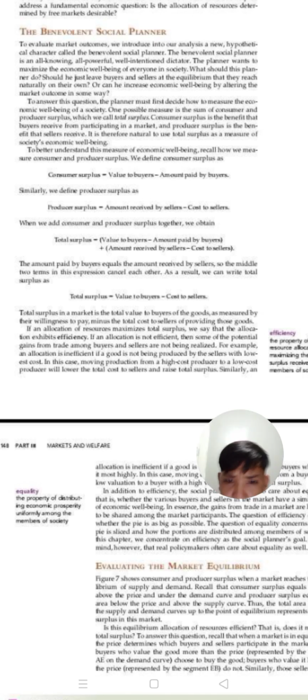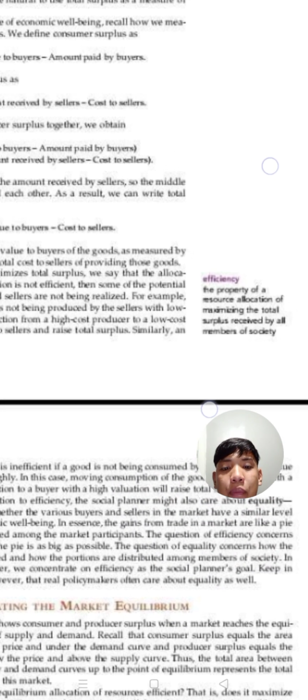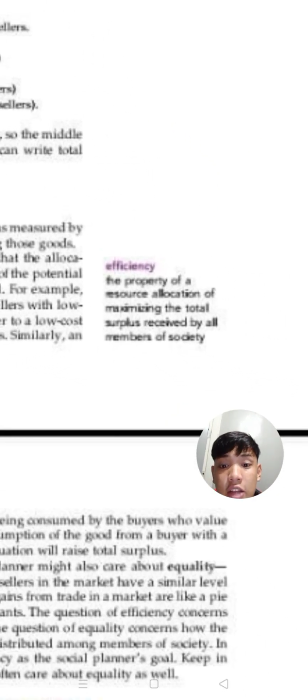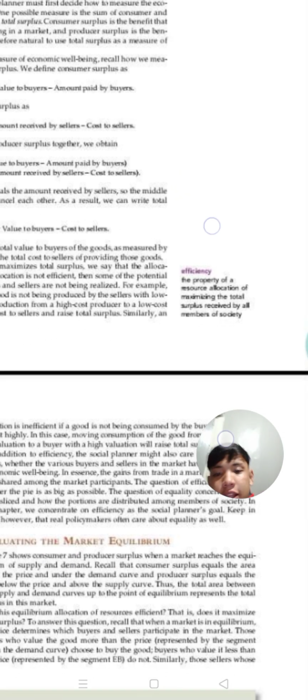So that is efficiency. The meaning of efficiency: the property of a resource allocation of maximizing the total surplus received by all members of society. Take note again, efficiency means the property of a resource allocation of maximizing the total surplus received by all members of society.